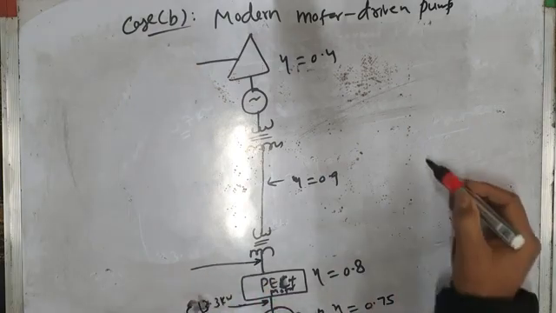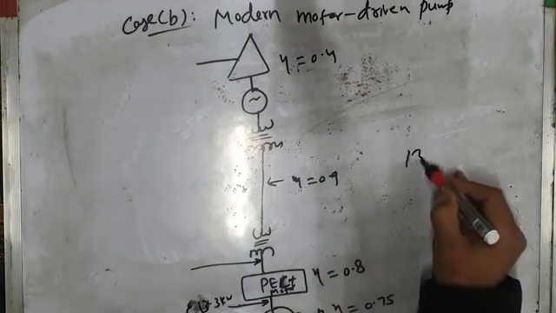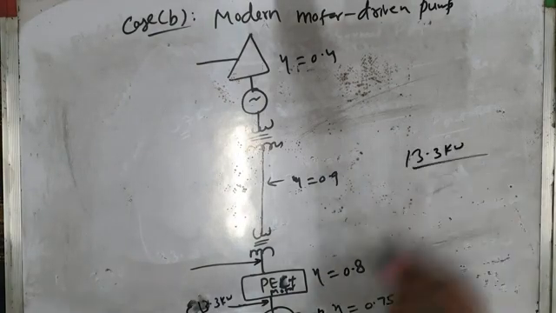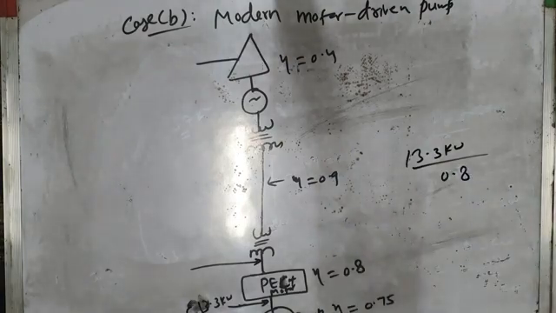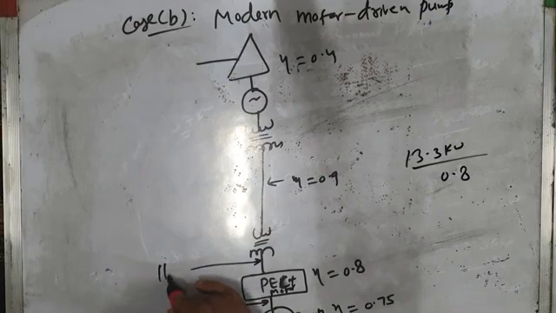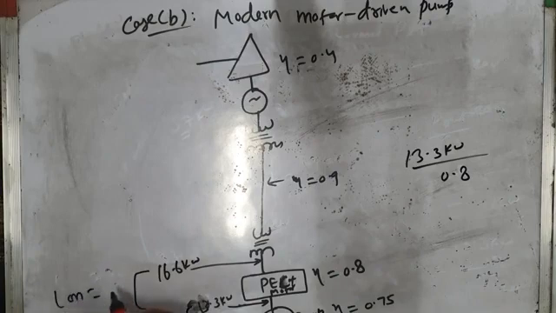Output by efficiency. Output is 13.3 kilowatt by what's the efficiency of power electronic converter and motor? 80%. It's very high. So input is 16.6 kilowatts. And how much is the loss? 16.6 minus 13.3. It is around 3.3 kilowatt loss.